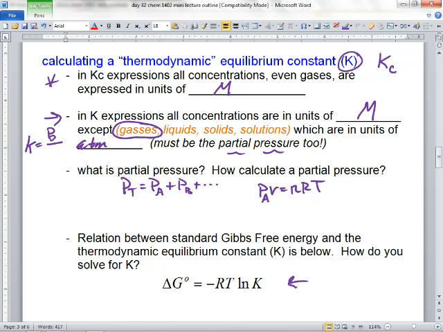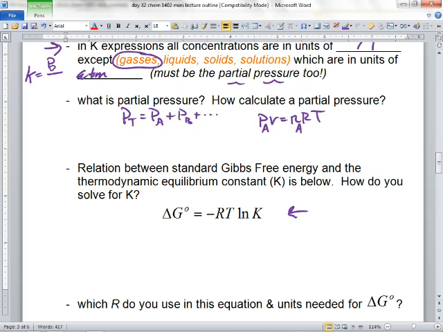Where do you put it? The N. You nailed it. It was the moles. Do you put it anywhere else? No, because they're all in the same container, they all have the same temperature, and they all use the same gas constant. You're done. So those are the two equations you can use to get partial pressure if you have to.